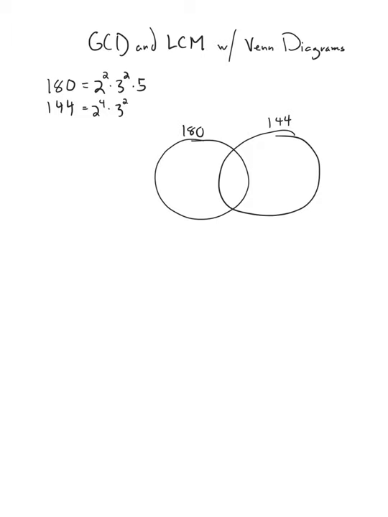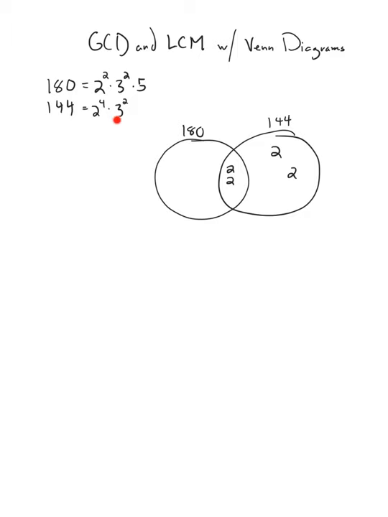So we can put 2 of those 2s in the intersection, and then 144 has 2 extra 2s, so we can put them outside. So that deals with all of the 2s in the prime factorizations of both numbers. 180 has 2 factors of 2. 144 has 4. These 2 and these 2.